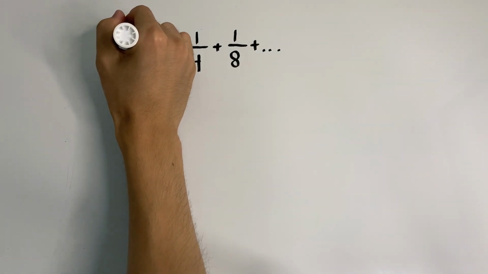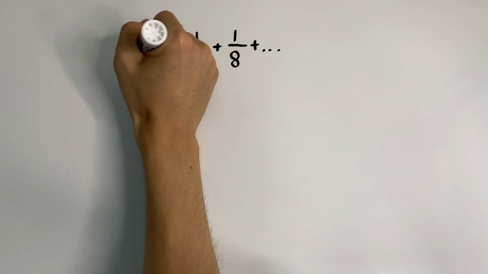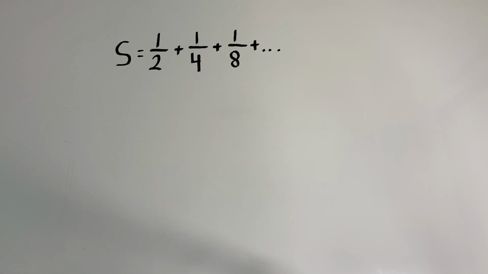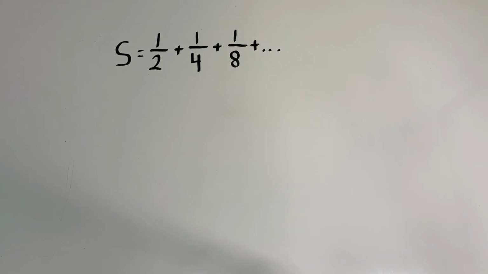And we started off by calling the entire series S. So from now on, whenever I say S, we are referring to this infinite geometric series. Our next step was to multiply S by the common ratio to get a new series.